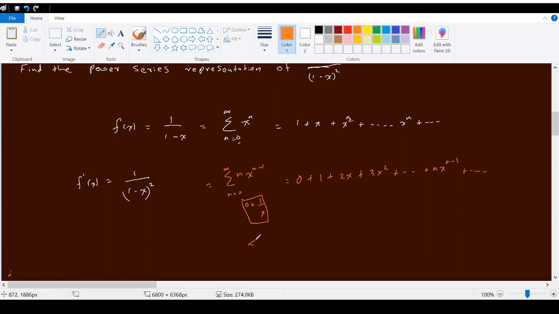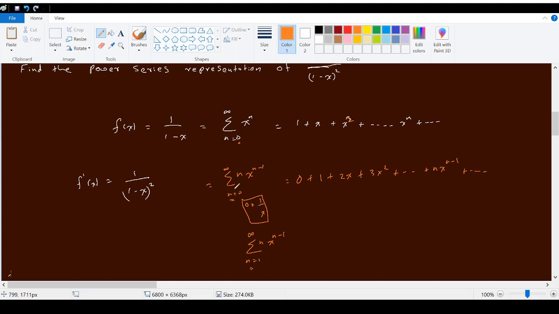So what you can do is start from 1 and write the same general term. Now this is not an index shift, okay? As I explained before, this is not an index shift, right? See, although the general term is the same, the starting index is different, right?